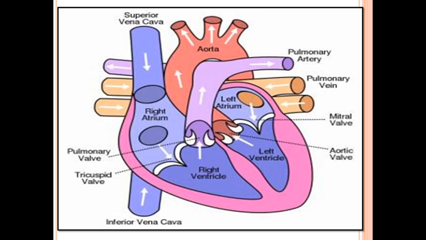So see here, the inside of the heart is divided into 4 chambers. The upper 2 chambers are known as the right atrium and left atrium, and the lower chambers are known as the right ventricle and left ventricle.